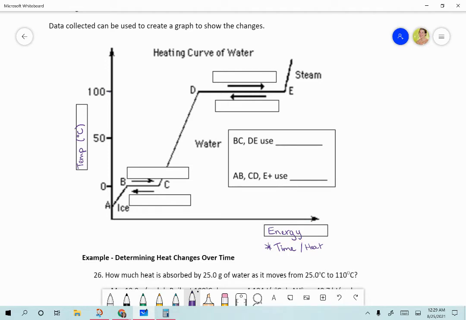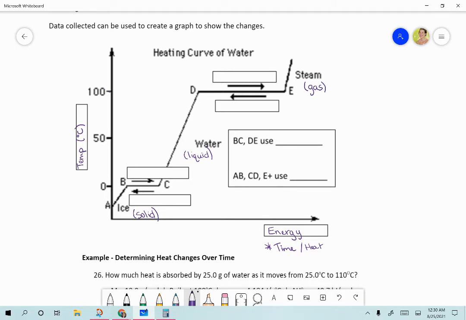So if we look at these blanks, and we have these two different processes. As we move from A to B, we have ice, solid water. As we move from C to D, we have water in its liquid state. And as we move from E up, we have steam, which is water as a gas.